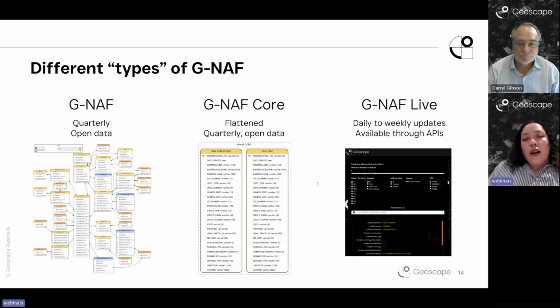So while G-NAF Core and G-NAF do have the exact same number of addresses, there are some differences, and one of them is that G-NAF Core does have less detailed information. Just to call out a couple of those differences, a G-NAF address can have more than 1 geocode.